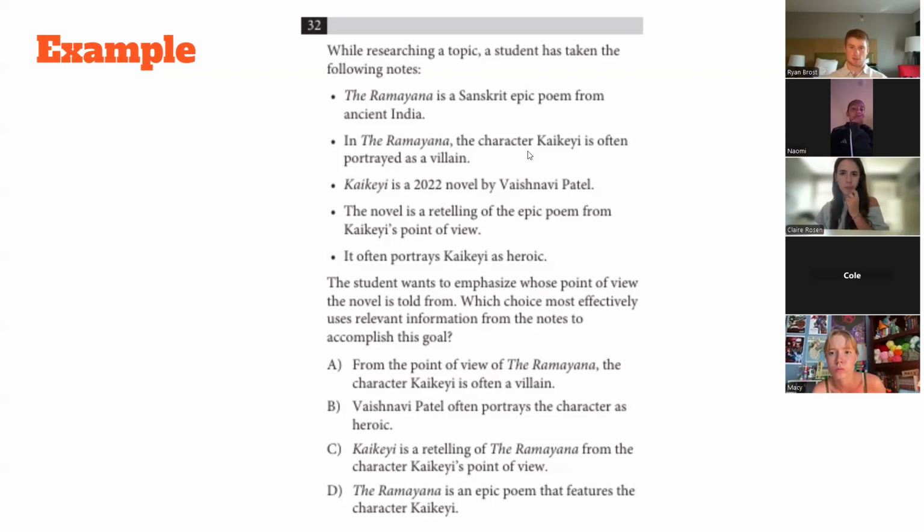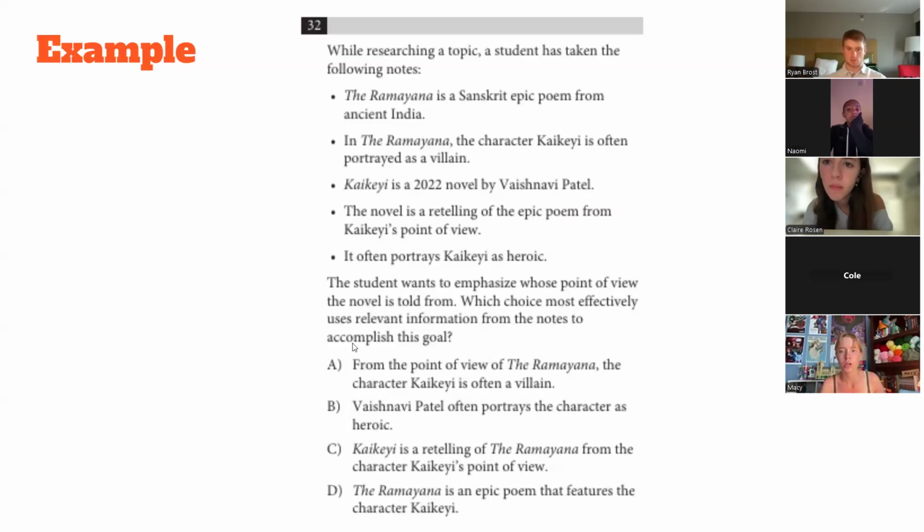The character Kaikeyi is often portrayed as a villain. Kaikeyi is a 2022 novel by Vaishnavi Patel. The novel is a retelling of the epic poem from Kaikeyi's point of view. It often portrays Kaikeyi as heroic. Okay, so it's obviously told from this person's point of view.